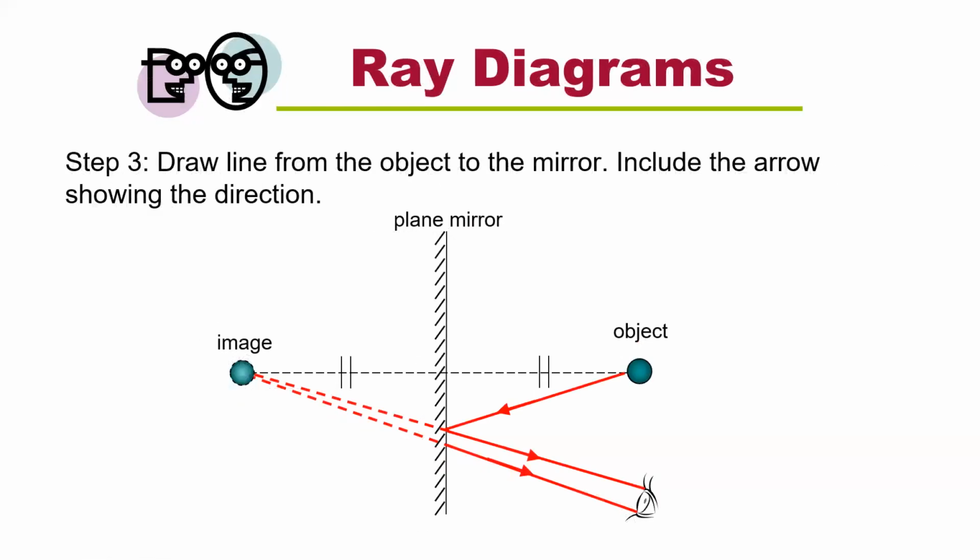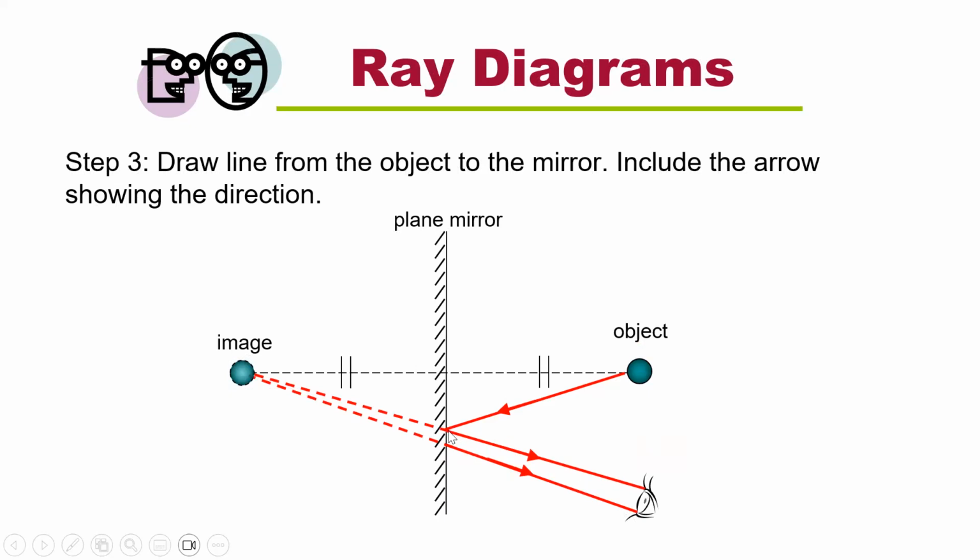So the third step is to connect. The actual ray comes from the object, bounces onto the mirror, goes into the eyes. Be very clear. You must connect at this point. The actual ray comes from the object, hits the mirror, and then it's joined to this part where it connects and bounces into the eyes.